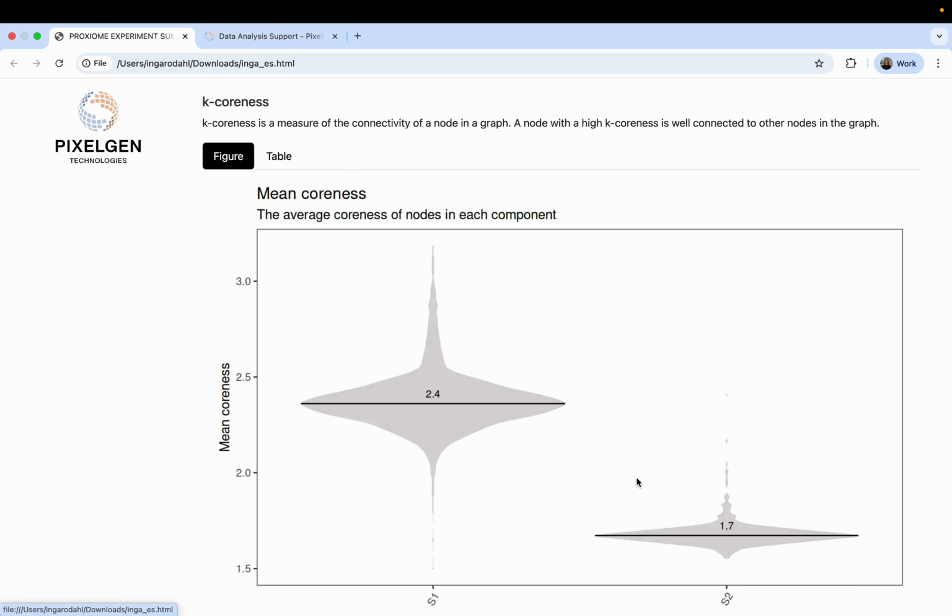And then in the downstream analysis, you will be able to more specifically look at potential differential spatial metrics as well. Now the last tab in the experiment summary is just the run settings for the experiment summary, if you're interested in that.